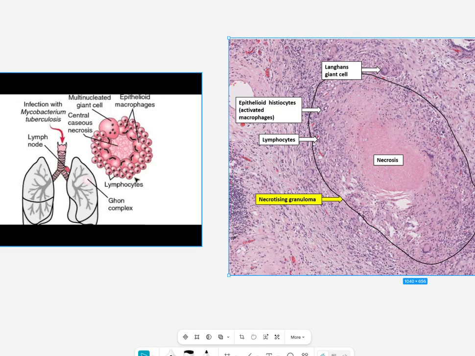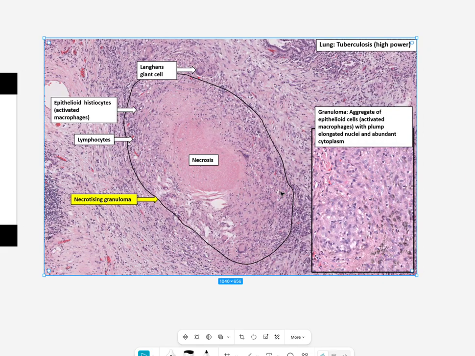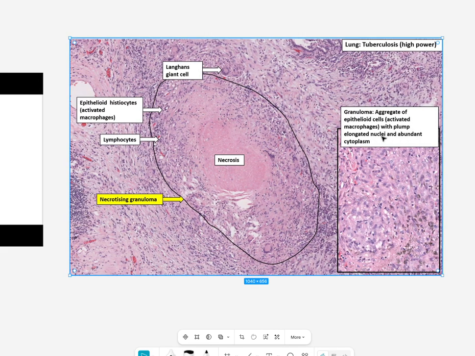This is another image, an actual microscope image. You can see the granuloma, which is an aggregate of epithelioid macrophages, cells with plump, elongated nuclei and abundant cytoplasm. This is the necrotic center, and this margin shows the necrotizing granuloma area. You can see lymphocytes and epithelioid histiocytes, which are activated macrophages.